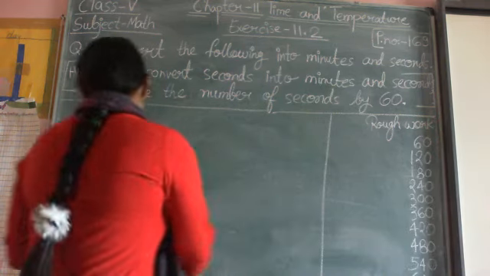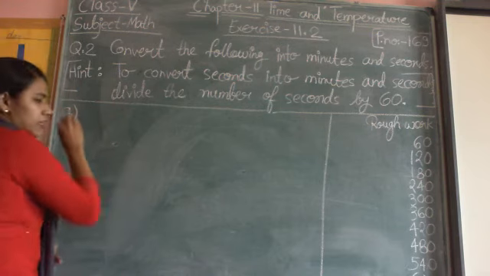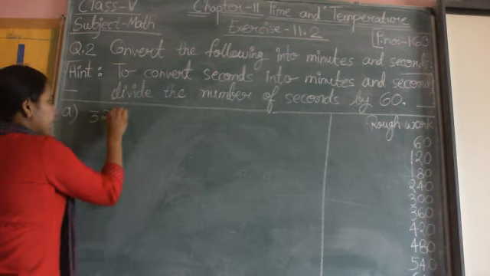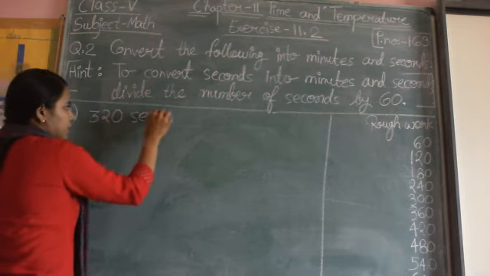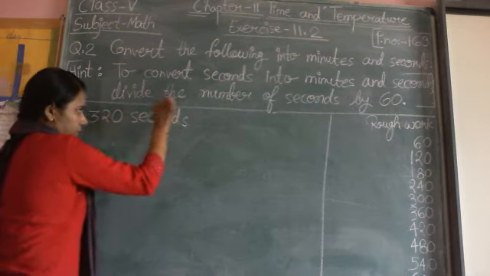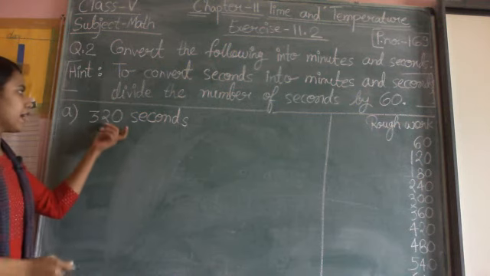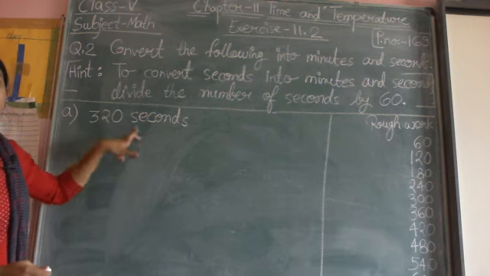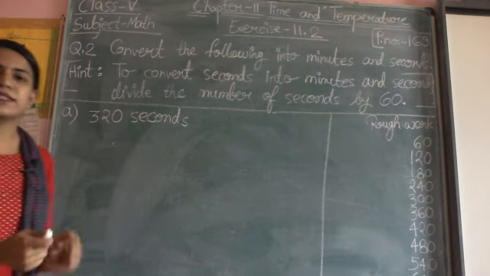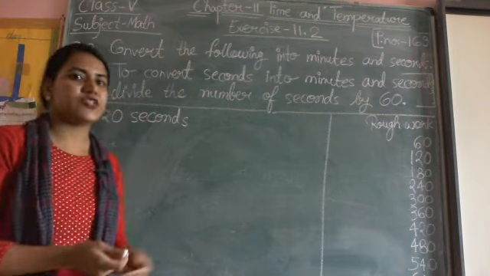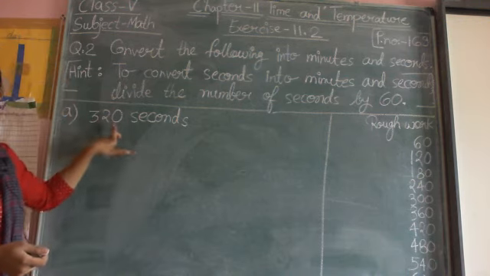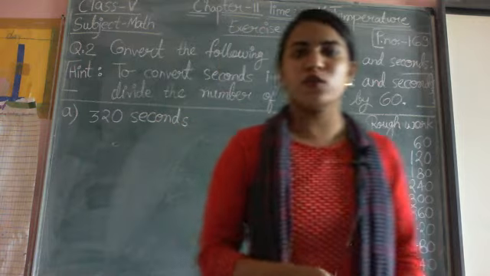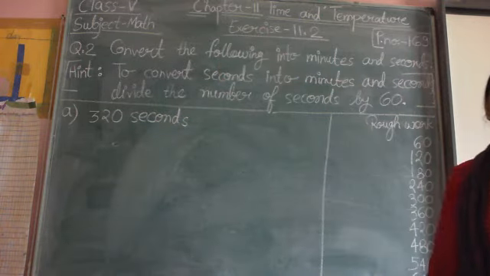So let me take part A, which is given as 320 seconds. Convert 320 seconds into minutes and seconds. To convert, what will we do? We will divide this number by 60.